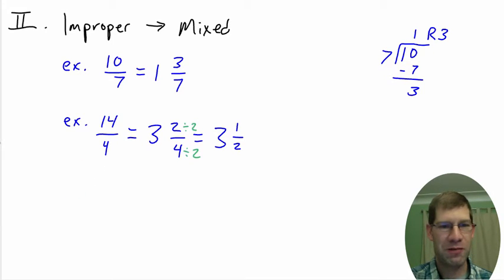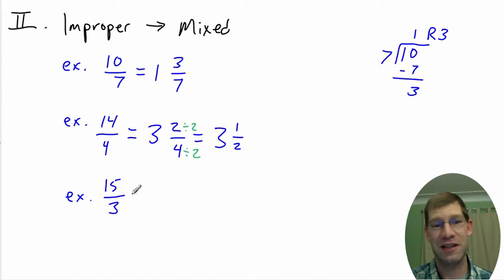Maybe do another example. The book could try to make it a little bit trickier by doing something like 15 over 3. Technically it's easier, but because it's different it tends to mess some people up. But 3 goes into 15 how many times? You could count it on your fingers. You could try doing 15 divided by 3 in your head. But it's going to be 5. What's different here is 3 goes into 15 evenly.